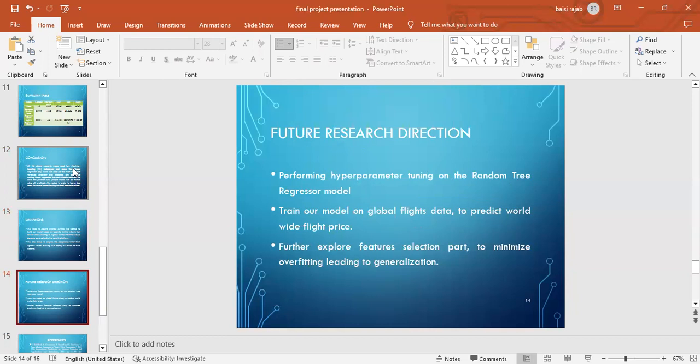Now, the future direction of our research: we want to perform hyperparameter tuning on the random forest regressor. This is what they call hyperparameter tuning. This is when you choose a set of optimal hyperparameters for a learning algorithm. It improves the overall performance of a machine learning algorithm.